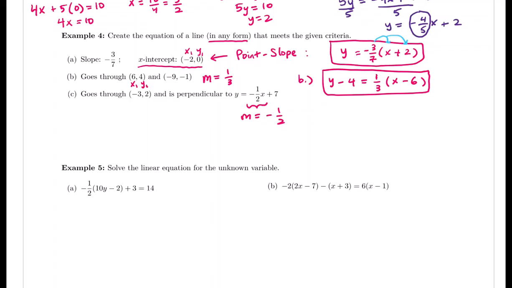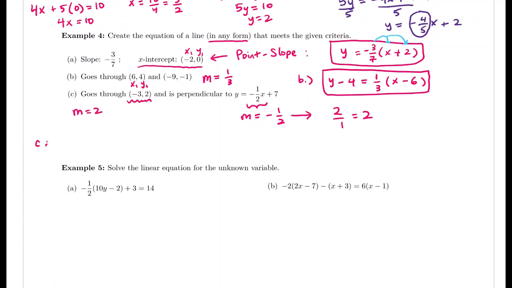The way that I find the opposite reciprocal is by changing the sign, so going from negative to positive, and then taking the reciprocal, which means you swap the numerator and the denominator. So its opposite reciprocal would be positive 2 over 1, which is just the same thing as 2. So I need a line that goes through this ordered pair and has a slope of 2.